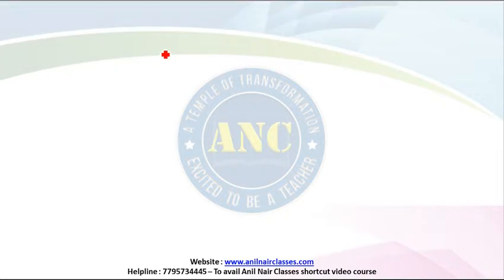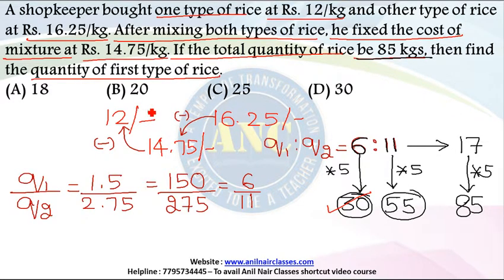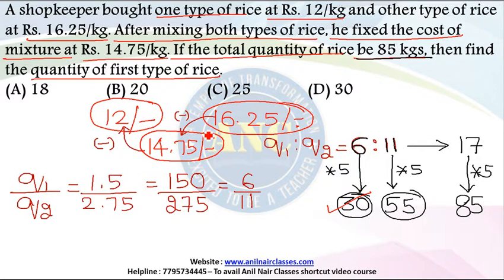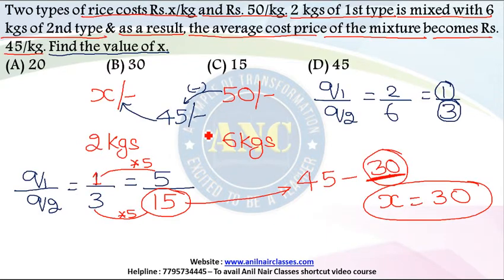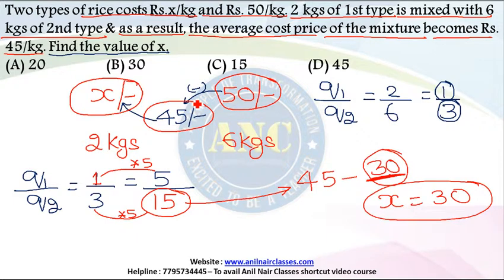Now, if you observe all our previous questions, this is the cost price 12 rupees. This is the cost price 16.25 rupees and 14.75 rupees is also the cost price of the mixture. If you observe the previous to previous questions, this X is again the cost price, 30 is what we got, 50 is again the cost price and 45 is again the cost price. That means we can alligate the parameters only if the parameters are of similar entities.